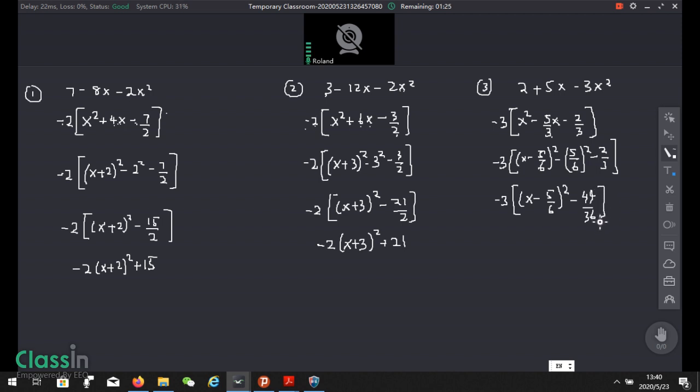I think it's correct. We can open the bracket. So we multiply negative 3 times negative 49 over 36. Negative times negative is positive 49 over 12.